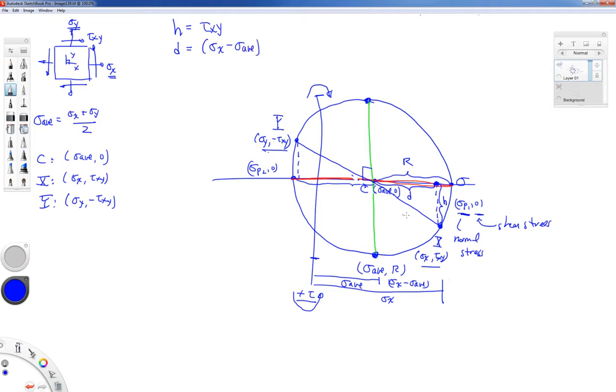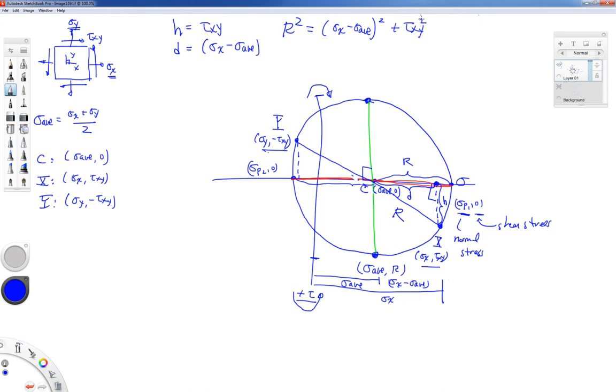Well, I have constructed a right triangle, and by the Pythagorean theorem, sigma x minus sigma average squared plus tau xy squared is equal to r squared. Now this doesn't, on the surface, look like the equation I had written down for r squared previously, but if you substitute in what sigma average is, you will get the exact same equation.